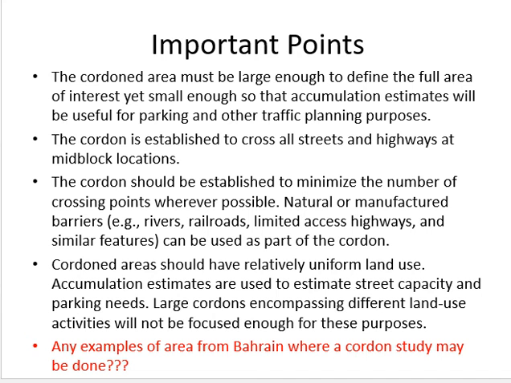Then it should be small enough to not include different land uses. Make sure that your boundary does not include various land uses, because the planning will be very difficult. If you have a commercial and a residential area in the same boundary, both have their own traffic patterns, types of vehicles, and timing. The timing of vehicles coming to a residential area is not the same as a commercial area.